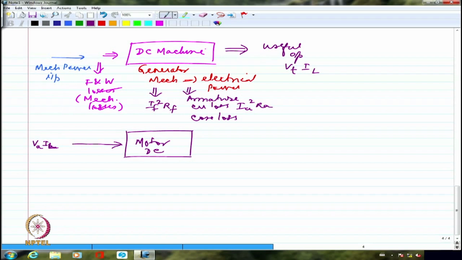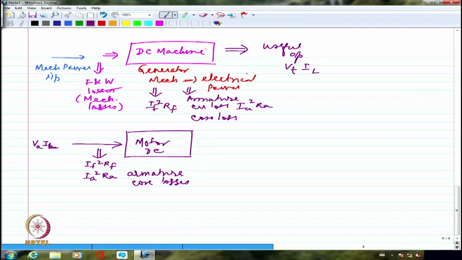Maybe if it is a shunt machine, I am going to have some amount of current being carried by the field circuit, some of the current being carried by the armature circuit. So it is better to write this as VT multiplied by IL. Out of which, again, I will have some portion lost, probably as IF square RF, some portion probably lost as IA square RA, and also armature core losses.